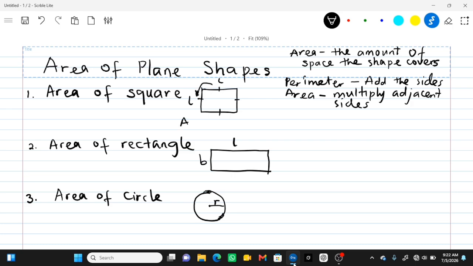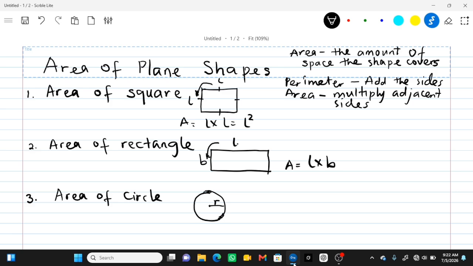So area of the square should be length times length, which is length squared. And area of a rectangle, the area should be length times breadth.